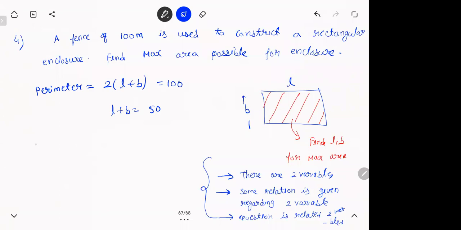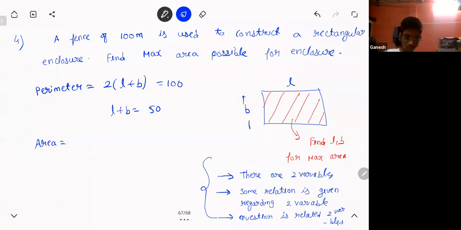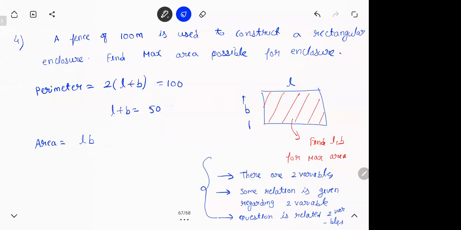Now, what is being asked? Area. What is area? L into B. Now from here, what is B? 50 minus L, no? So you got area is 50L minus L square. So indirectly the question was, find the maximum value of A, isn't it?